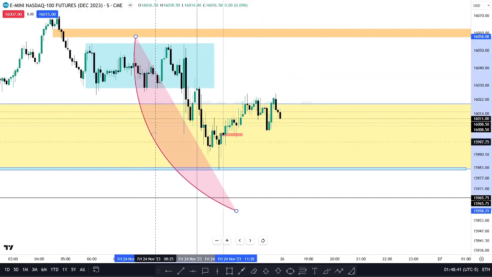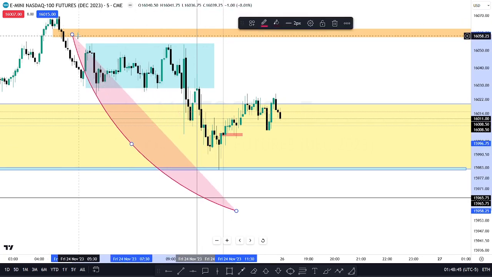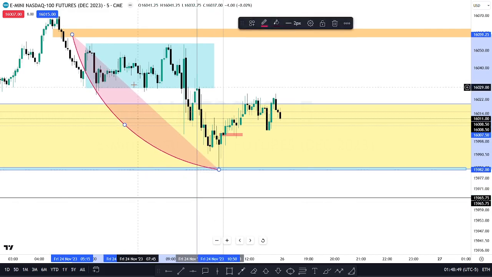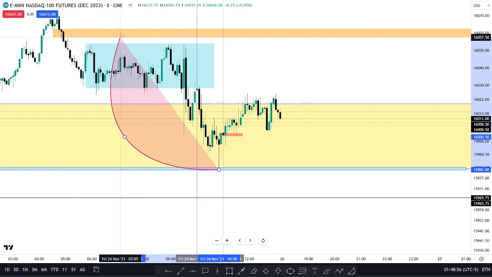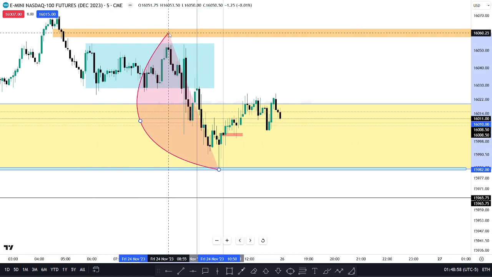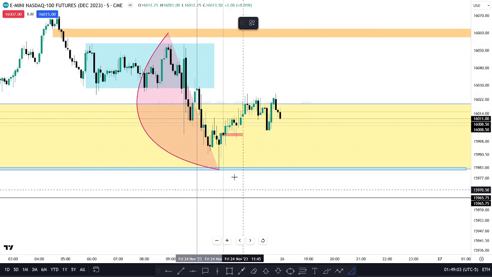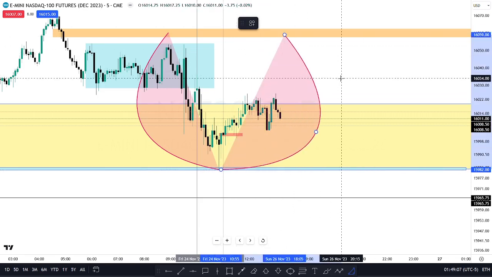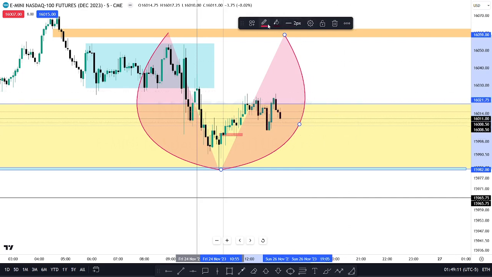This is the sell side of the curve, guys. There we go. This is the sell side of the curve. Now we are getting into there. Forgive my curves, guys. We are getting into the buy side of the curve.